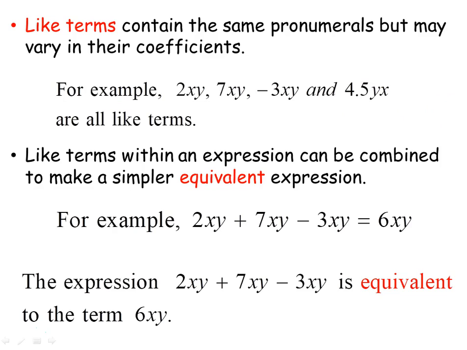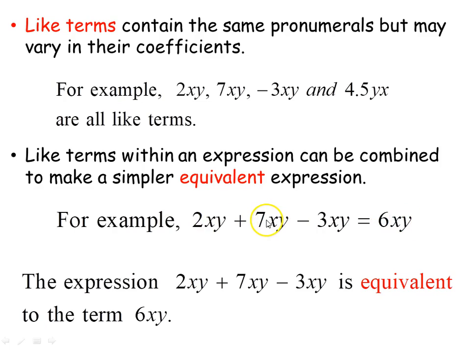Like terms within an expression can be combined to make an equivalent expression, simpler in the sense that it is smaller. So we can take three like terms, 2xy plus 7xy minus 3xy, to produce a single term, equivalent or equal to these three. That equivalent expression is 6xy.